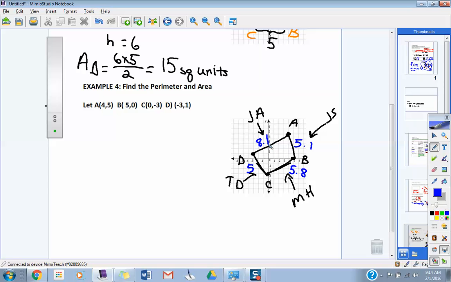All right, so we found each side using that calculator. Once you know all 4 sides, what are you going to do to simply get your perimeter? Add them all up. So let me write this down. Perimeter is going to be 5.1 plus 5.8 plus 5 plus 8.1.